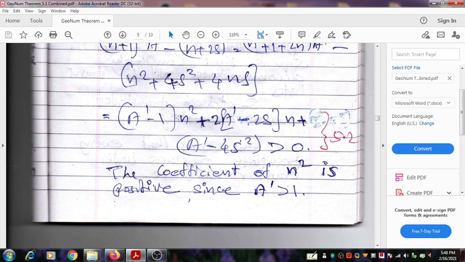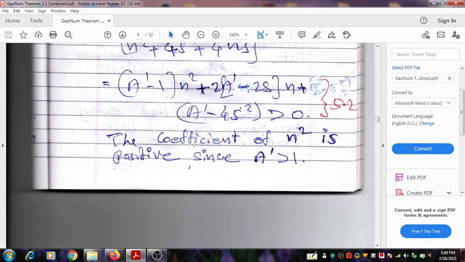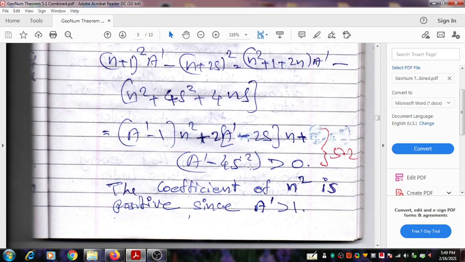You can make it very big by sufficiently increasing n, and that first quantity can then cancel the negative effect of the second and third terms. As a result, by increasing n sufficiently, you can make the whole quantity greater than 0. So we have to assume that there exists a situation.